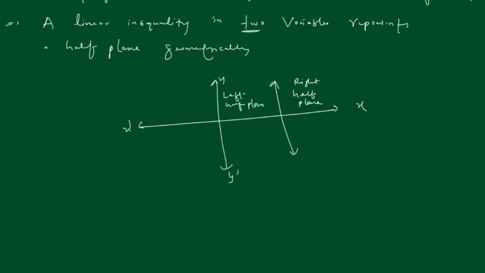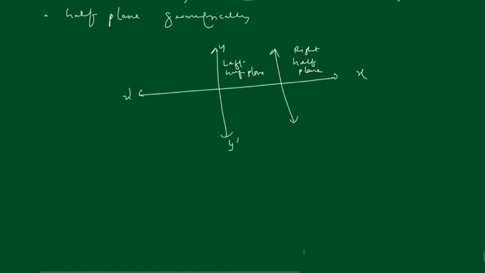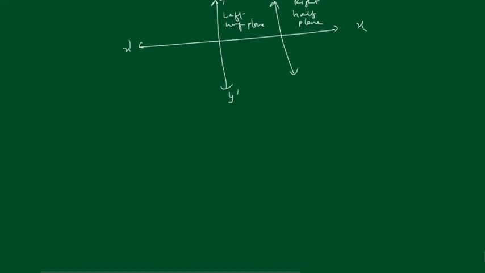Geometrically you can define it like this. If we take a straight line on the x-axis, there is a right half plane and a left half plane. And one more: it is x, x dash, y, y dash, right?